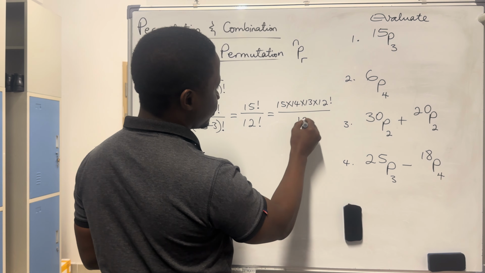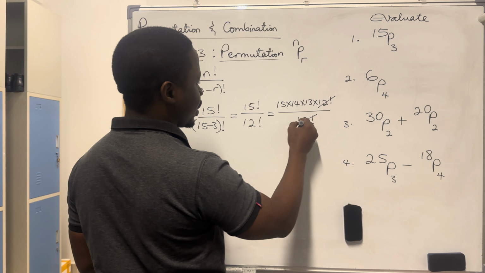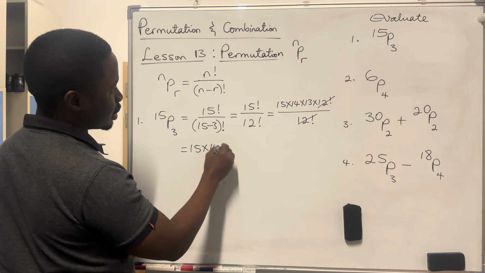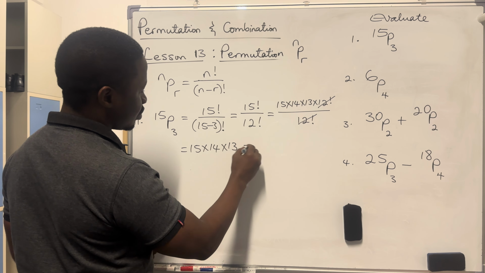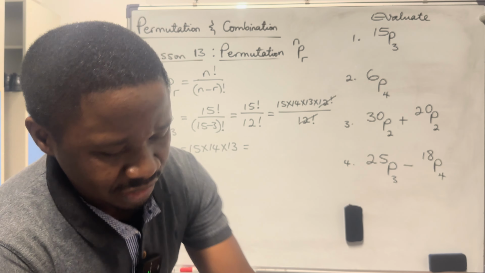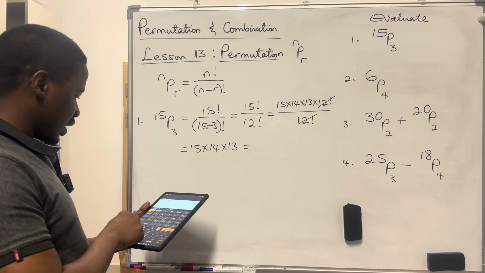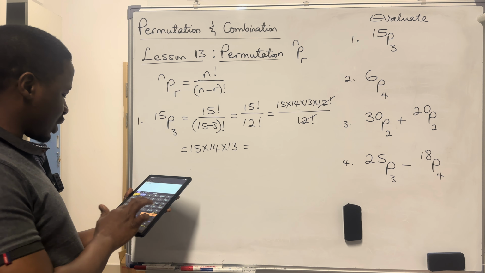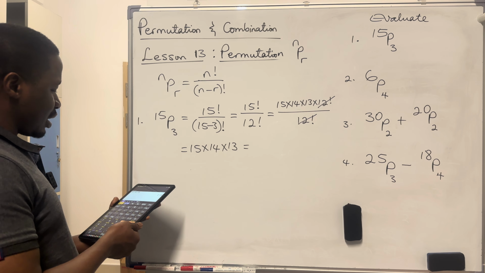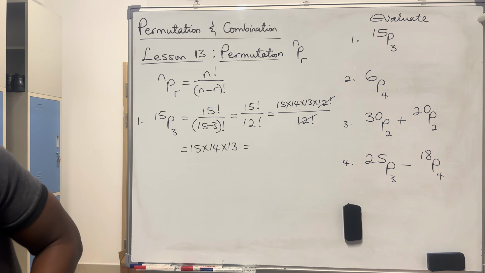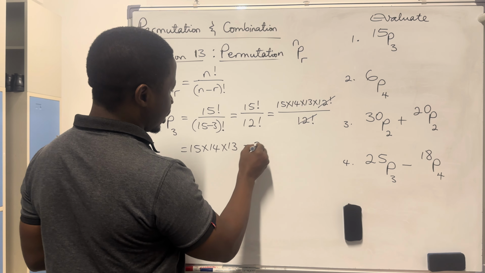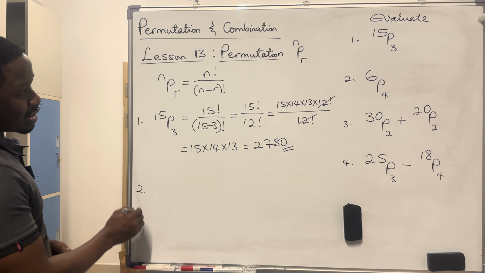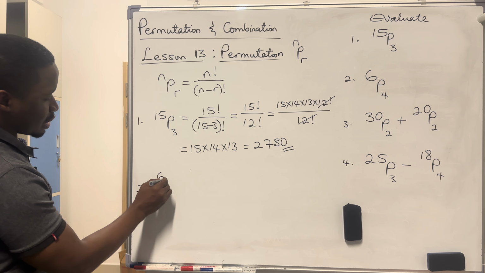So over 12 factorial, this takes away this, leaving 15 times 14 times 13, which gives 2730.